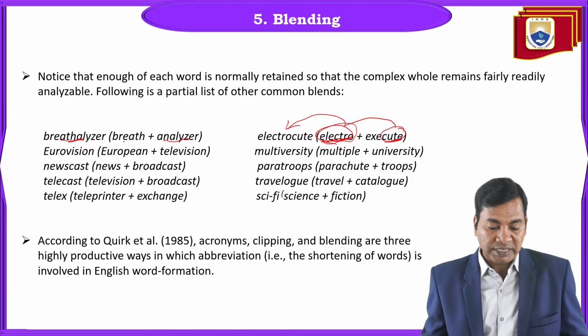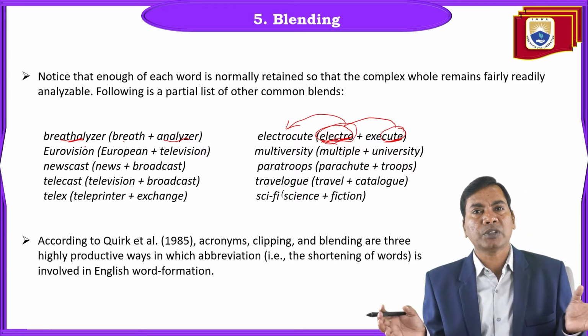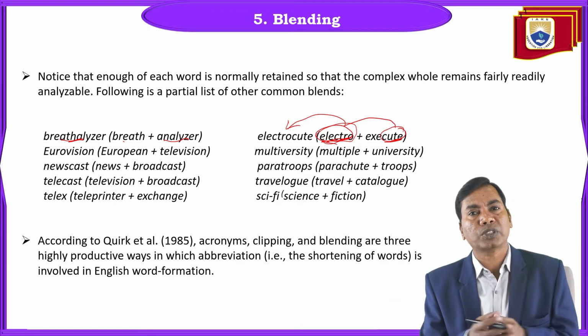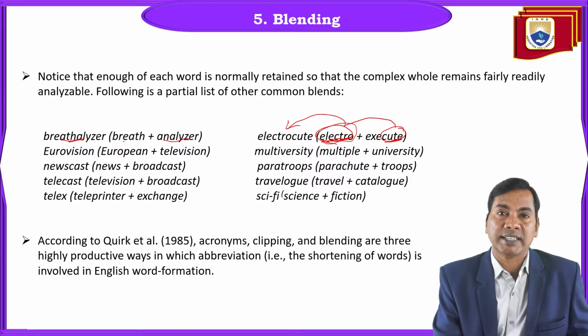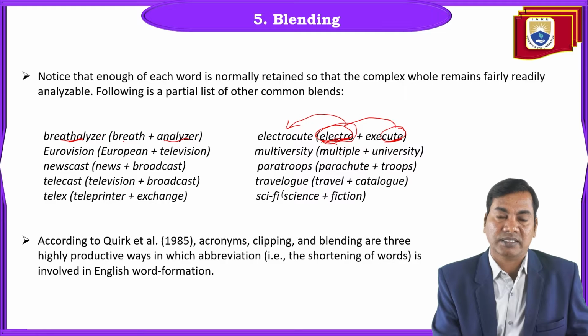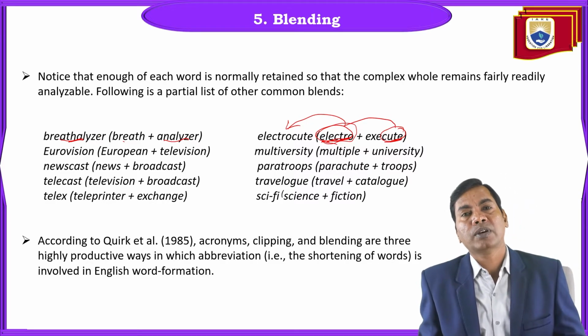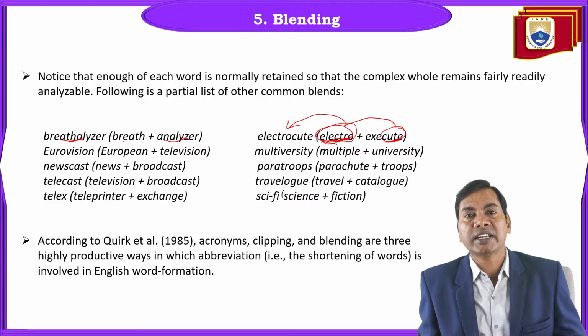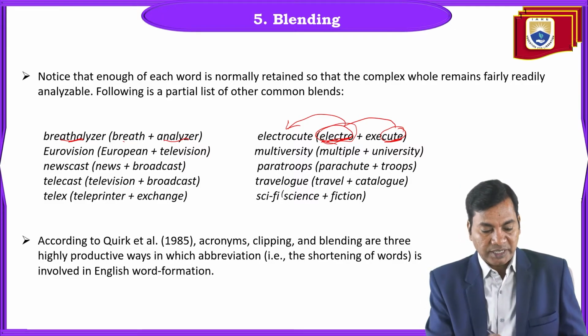But if you look at the first example here, I used both the words as they are. I combined both the words as they are to get the new word breath analyzer. So this is another way of blending words to create new words, right?